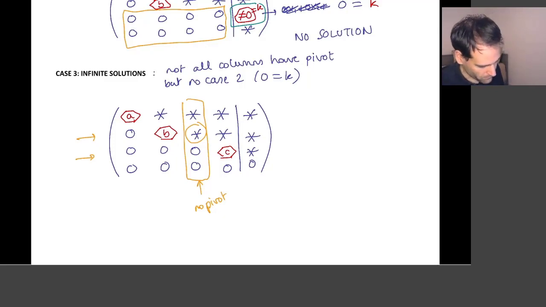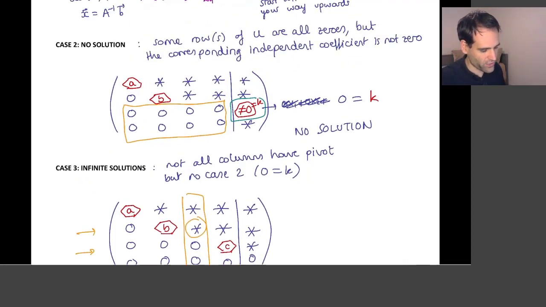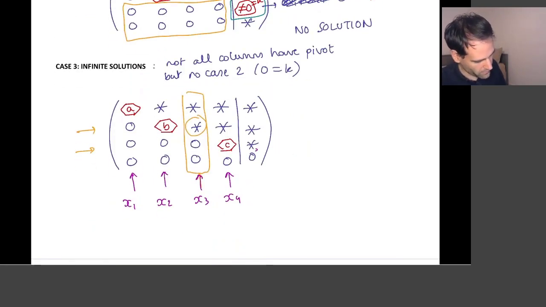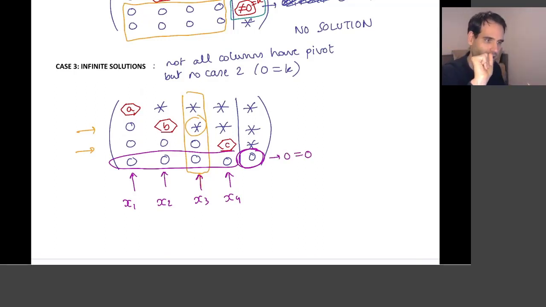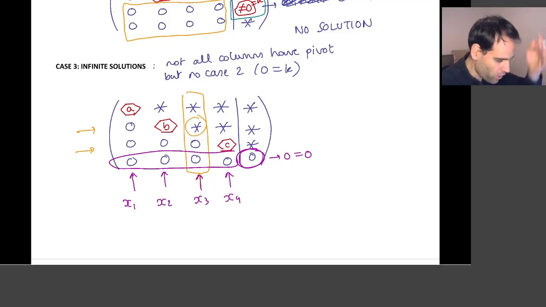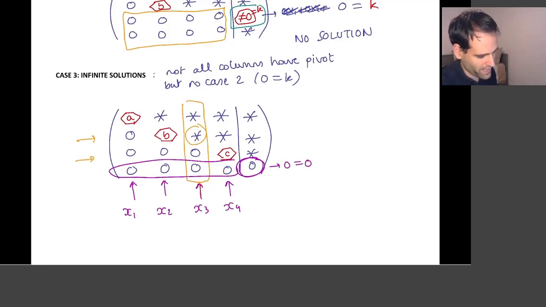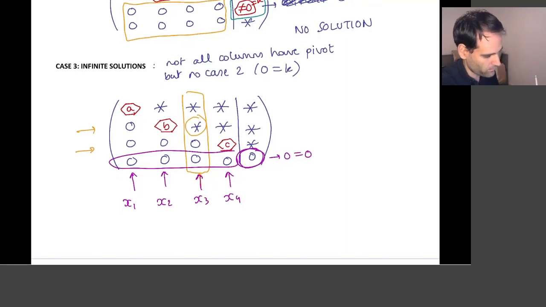Remember, each of the columns is associated with a variable. So this one is x1, x2, this one is x3, and this one is x4. And we are not in case 2 because this number is 0. Even though all of these are 0, this one is 0. So we get 0 equals 0. So that's fine. We are okay. But we have a column without pivot. So what happens then? Then the variable associated with that column is a free variable.